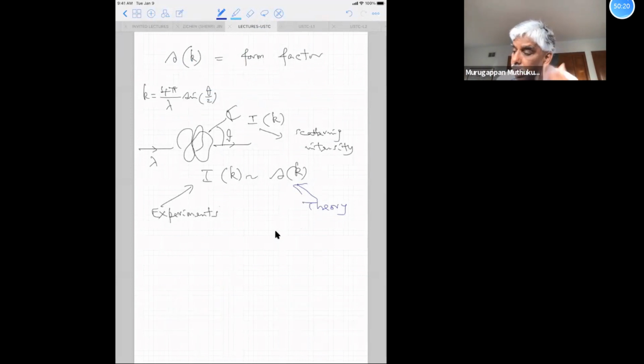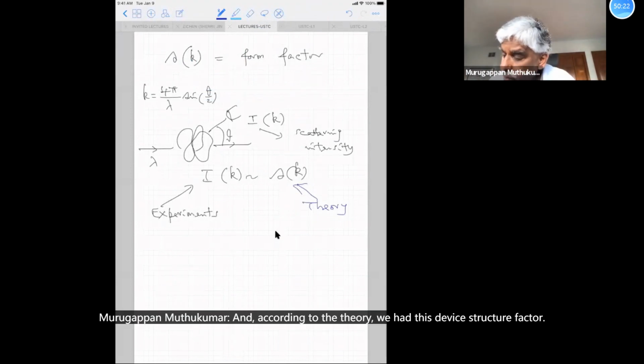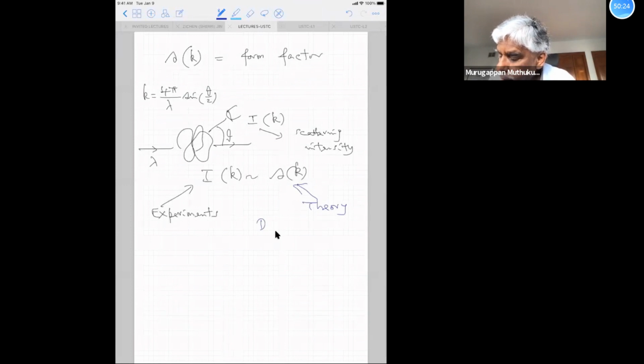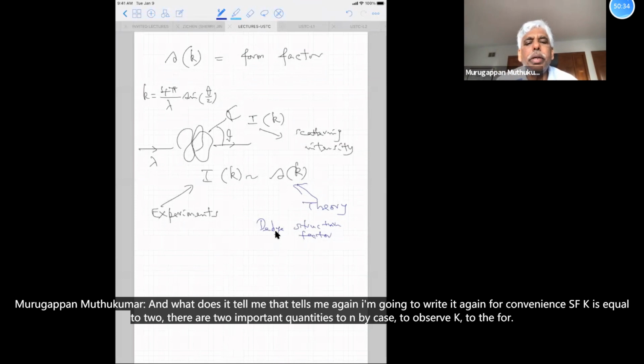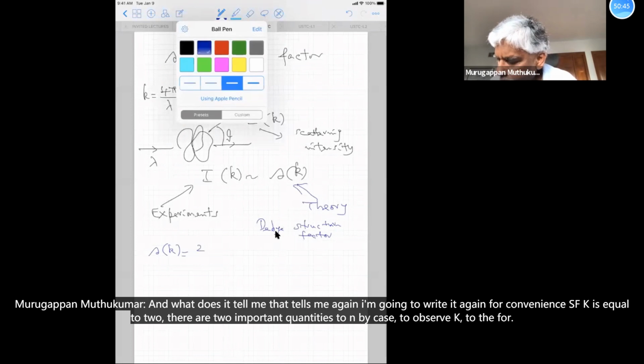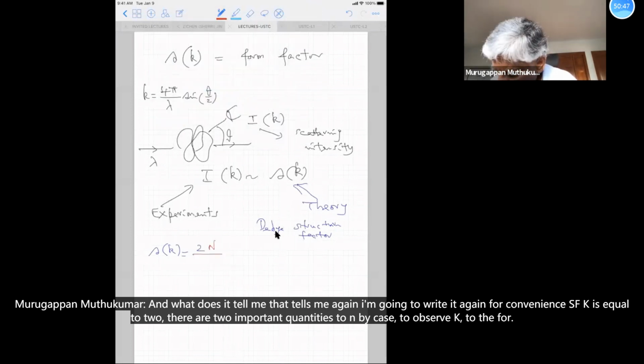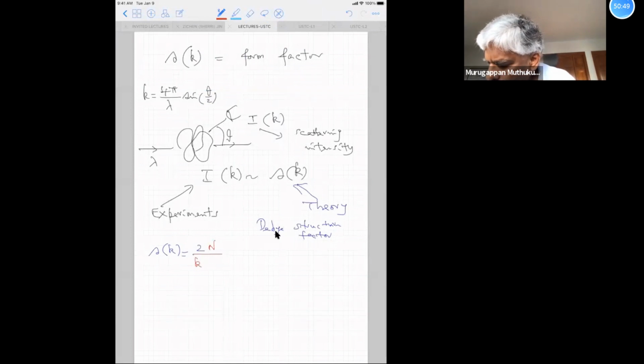And according to the theory, we had this Debye structure factor. What does it tell me? I'm going to write it again for convenience. S of k is equal to 2, there are two important quantities, 2n over k to the 4.